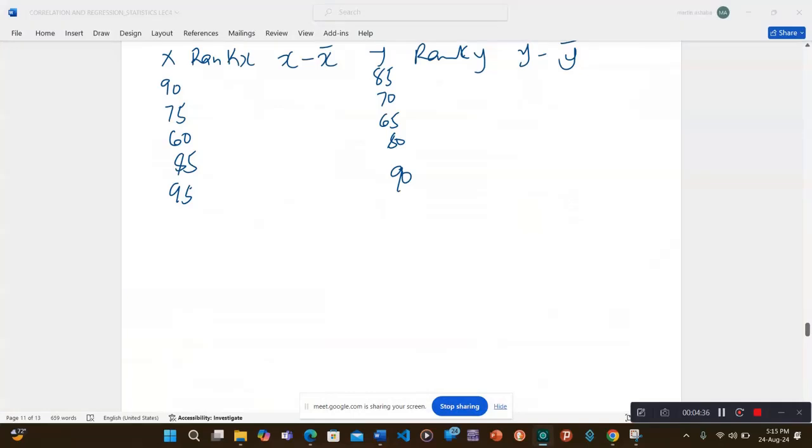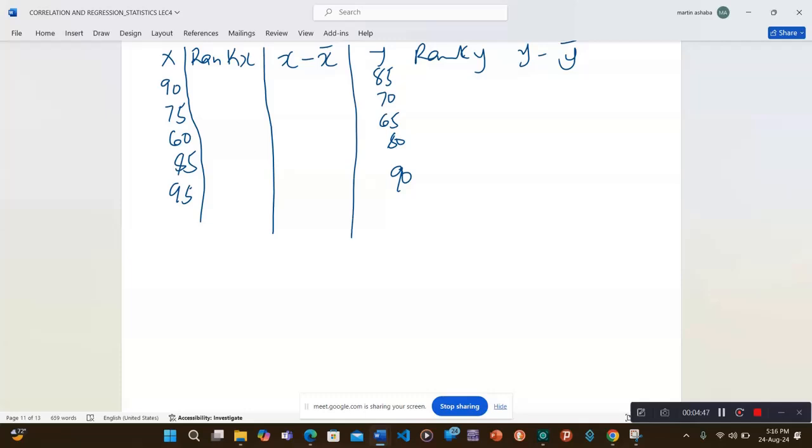So we have that information now. The struggle is to get the rank, and then get those other values.